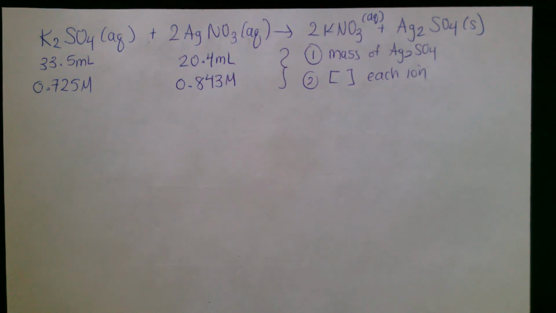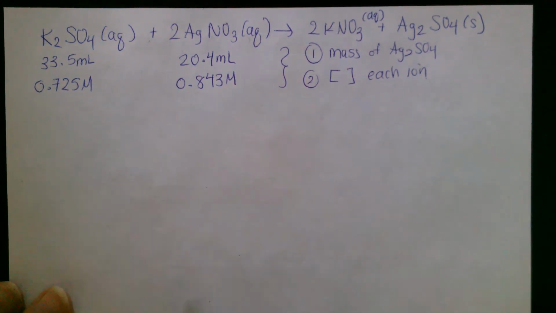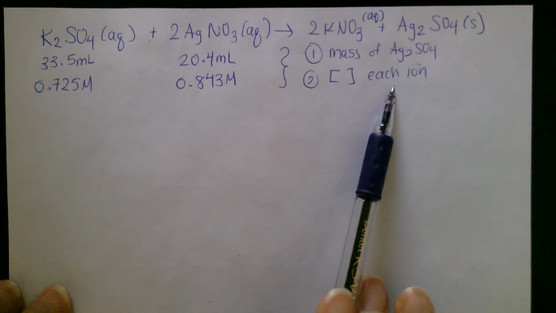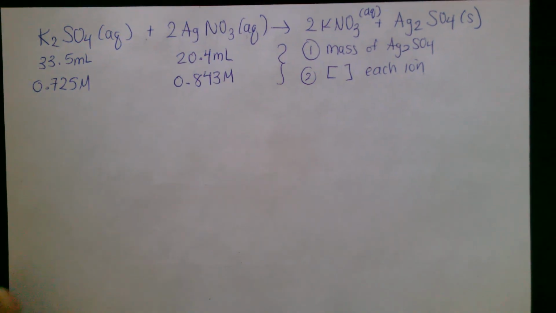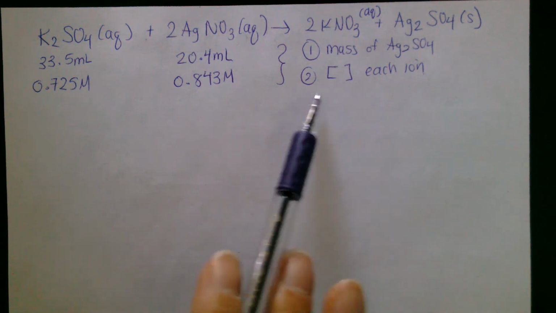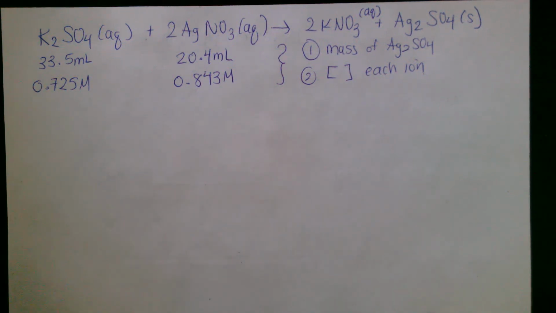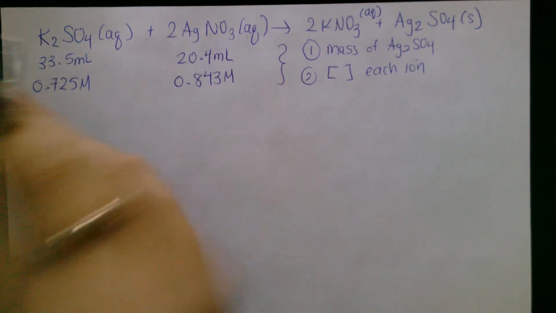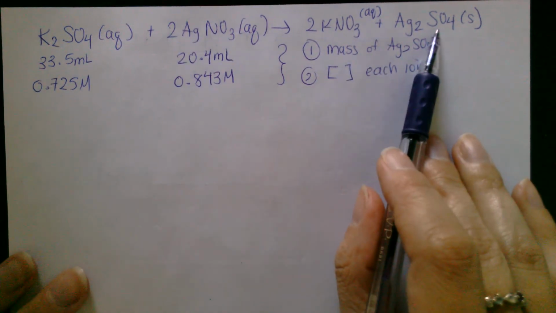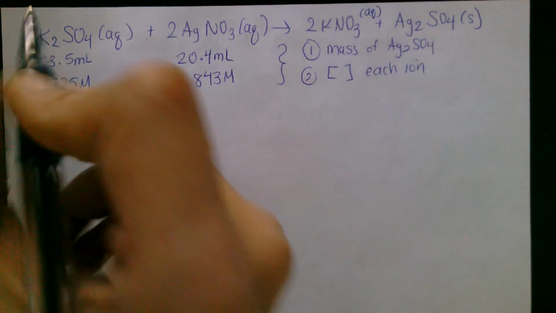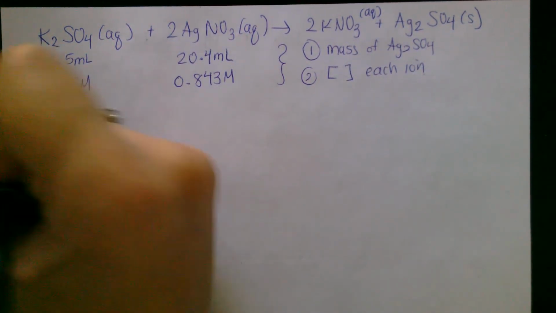Okay, so I'm going to set up a table to help me solve this. Because if I have to calculate the concentration of each ion left, that's a limiting reactant, excess reactant problem, and I want to set up a table for that. So I'm going to take this and break it apart into the total ionic equation here.